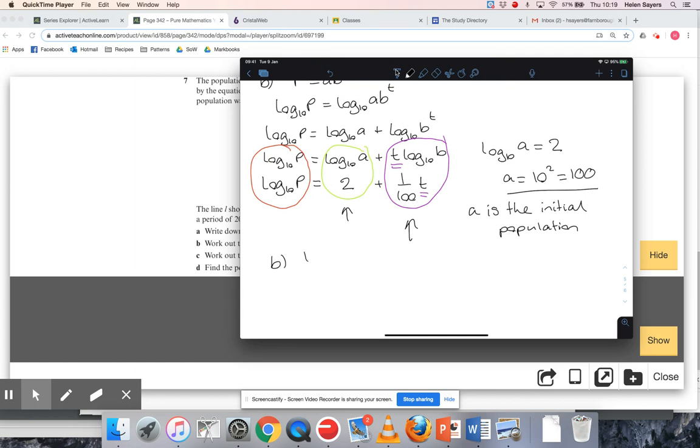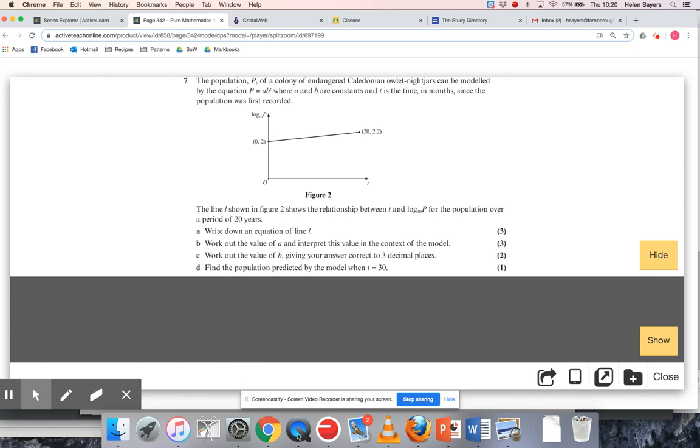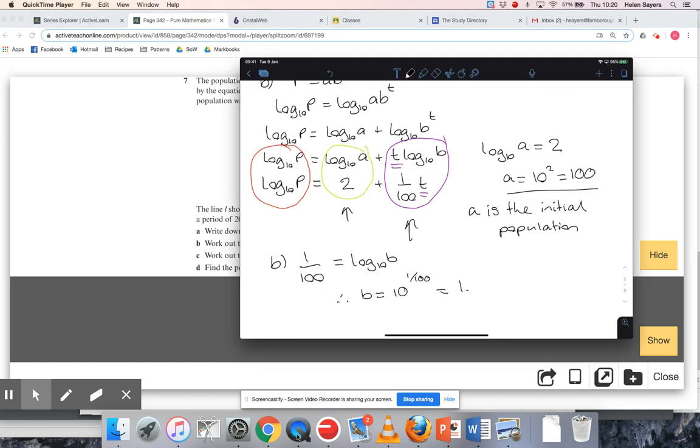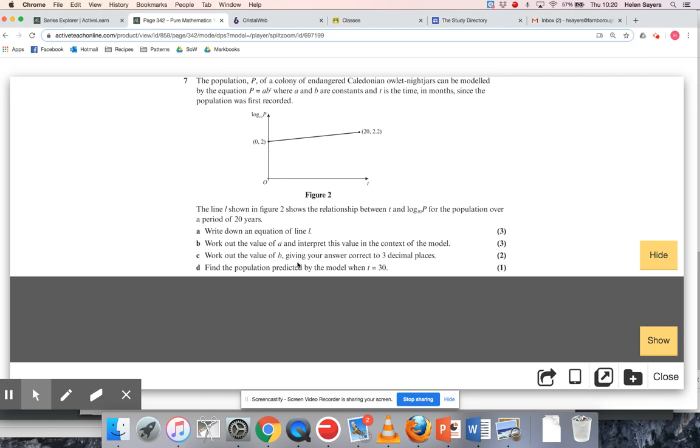On my straight line equation, the coefficient of t was 1 over 100, and on my linearized equation, the coefficient of t is log to the base 10 of b. So b is 10 to the power of 1 over 100. They've told me to round that to 3 decimal places, and I'm getting 1.023. They didn't ask me to interpret that, which is good.